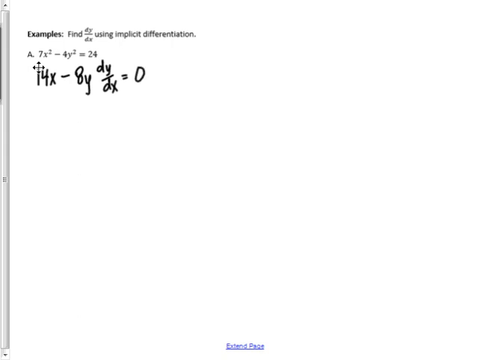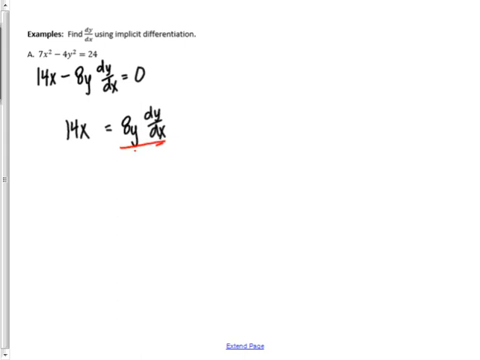Okay. Now, that next step is to get every term that has a dy dx in it on the same side, and anybody who doesn't have a dy dx has to go to the other side. So I'm going to leave this 14x, and I'm going to take over that negative 8y dy dx to the other side. Now, if I had more than one term with the dy dx in it, I would do that step 3, which was to factor out that dy dx, but I only have that one term, and this is what I want by itself.